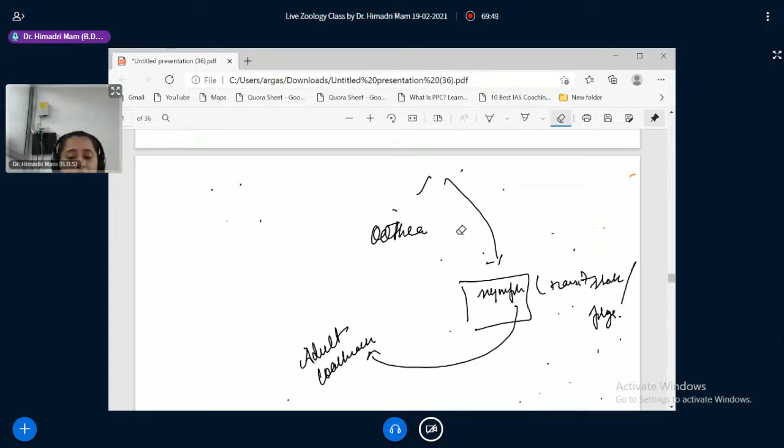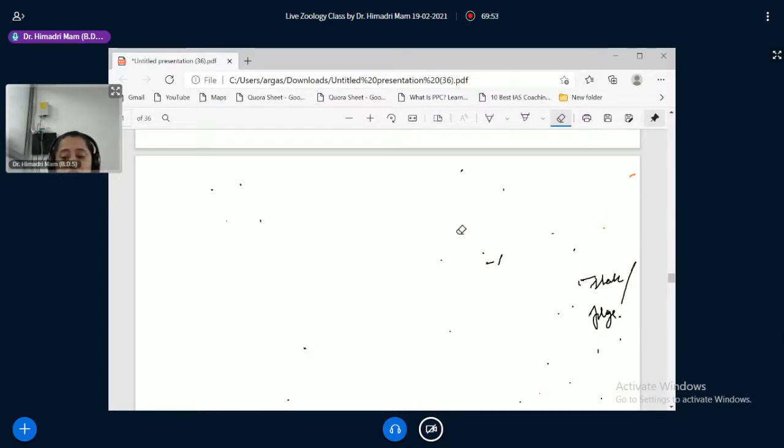Frog is not covered in your NEET syllabus, but for your knowledge, I must share about the frog.